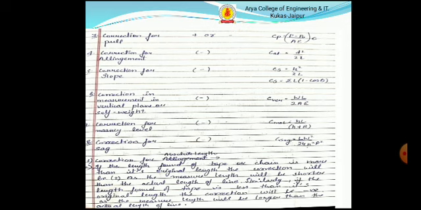Correction for slope, negative sign: h square by 2l, or summation l into (1 minus cos theta).